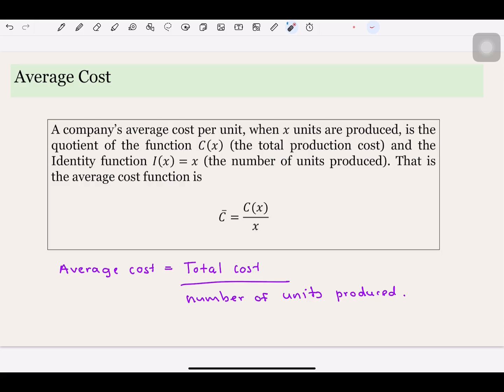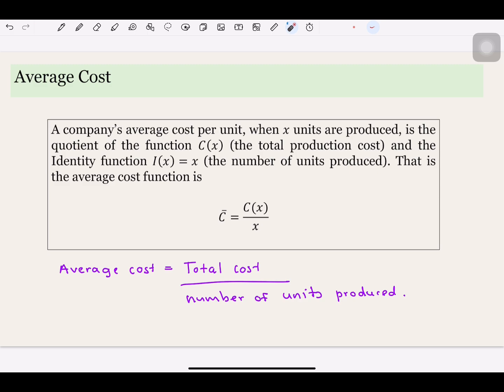This is a really important thing to note: this function is defined for all x values greater than 0 because you cannot divide by 0. You can't have average cost if no units are produced. So again, C bar is equal to C of x divided by x. This tells us the average cost per unit when x units are produced.